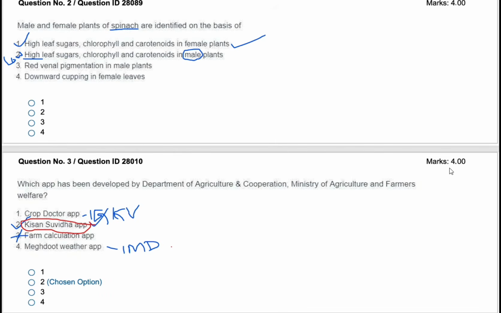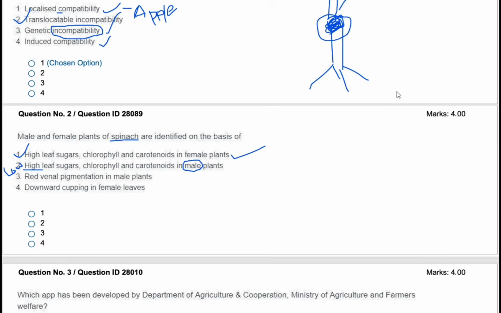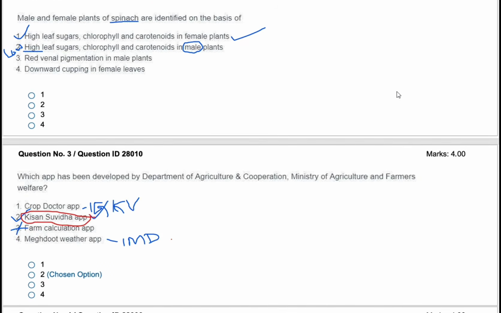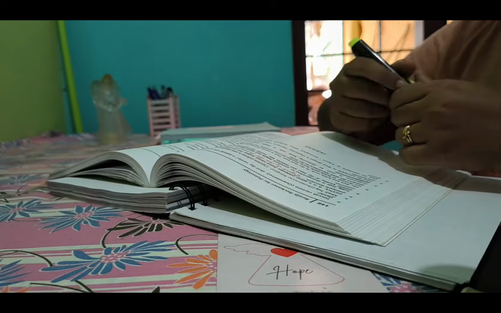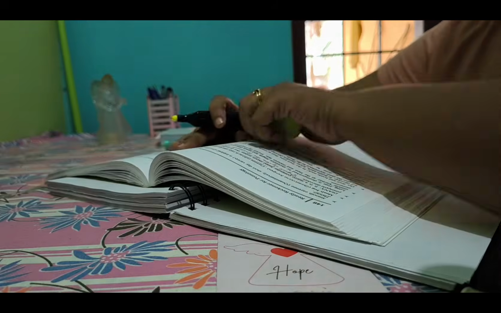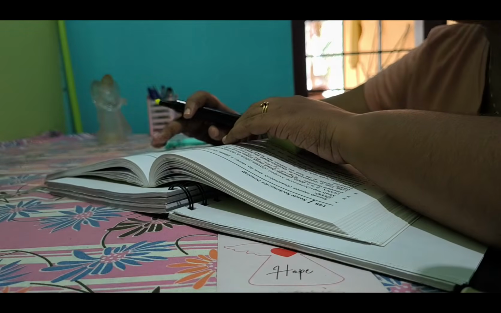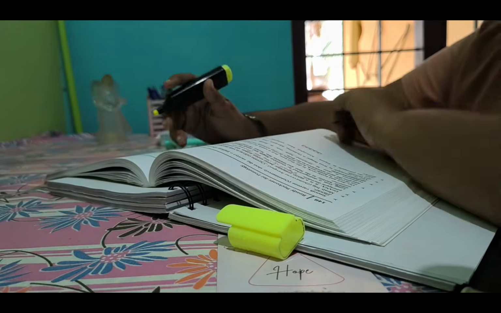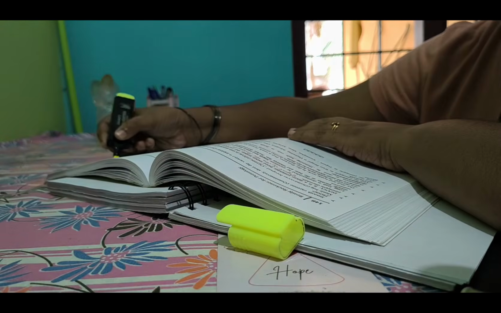So that is the answer. As earlier told, you can either reach the answer directly, or go to the elimination method. I hope you all got an idea how to read a question paper, and how to analyze the options given in a question paper.